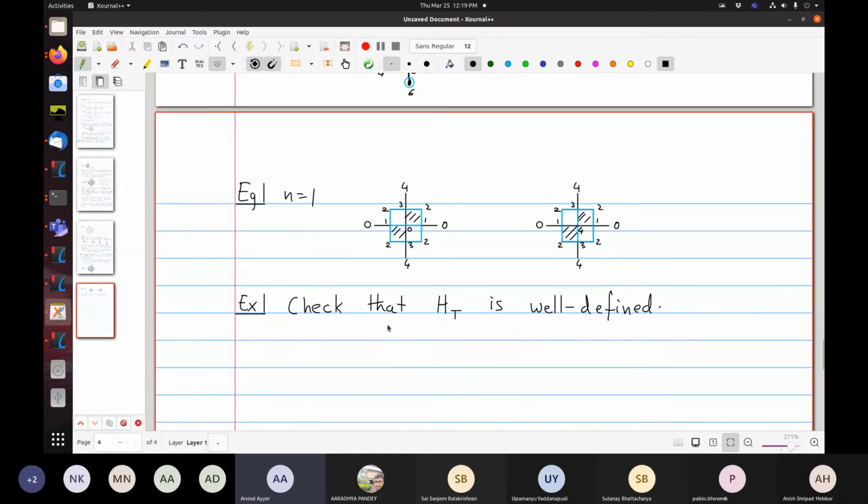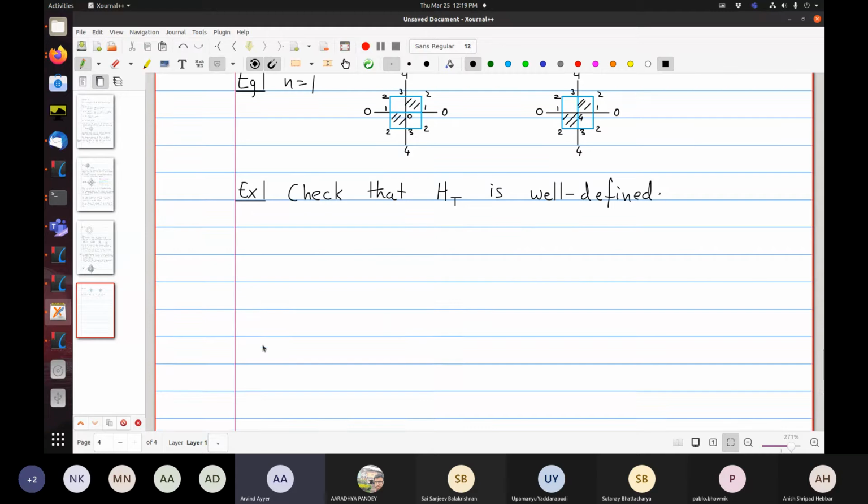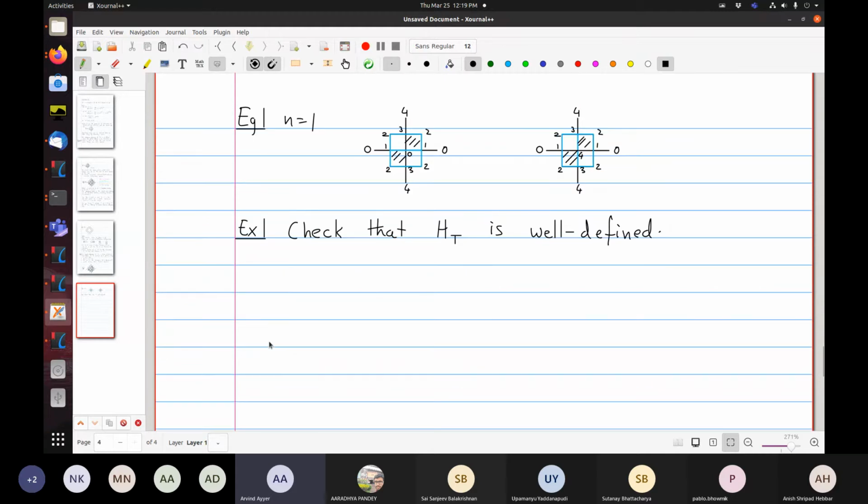There's something to check. Okay, and the key idea of the usefulness of this is the following proposition. Height functions are characterized by two properties.